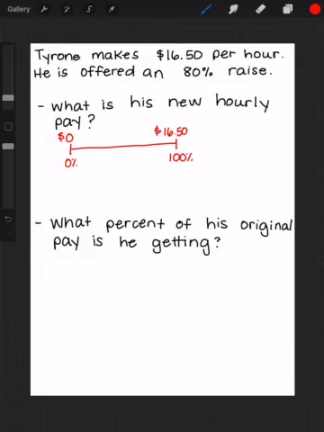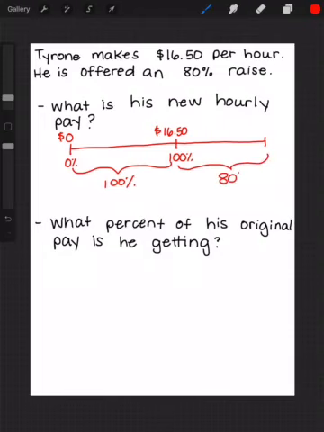We want to give him an 80% raise, which means we are giving him 80% more on top of what he already has. So this portion is our 100%. This portion is an additional 80%. Okay, so this portion is our $16.50. This portion is how much more money he's going to get. This is how much his new hourly wage would be.